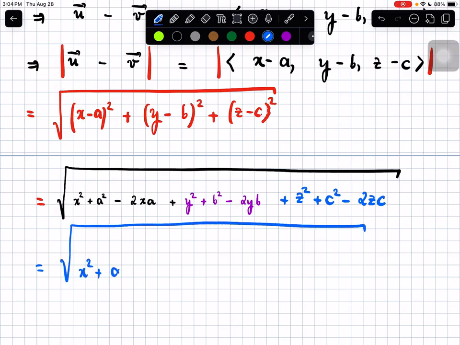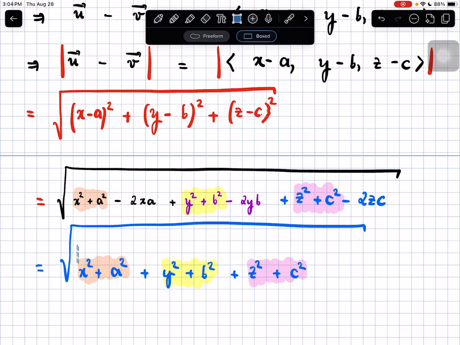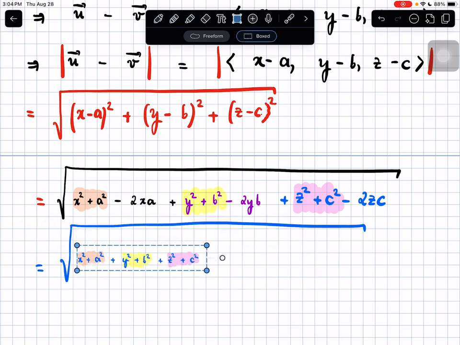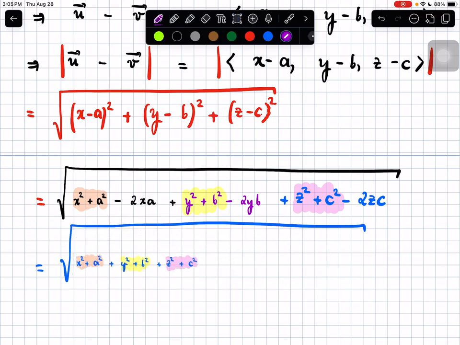So x squared plus a squared plus y squared plus b squared plus z squared plus c squared. I bring all the square terms together, and then the negative terms: minus 2 times xa, minus 2 times yb, minus 2 times zc.